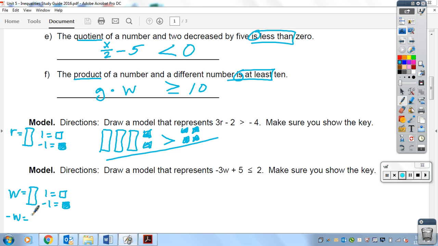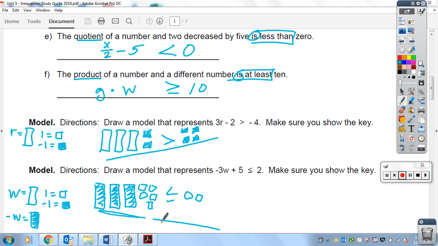Negative W will be a filled in one, because now it's a negative W. Negative 3 W's. 1, 2, 3, but they're filled in now because they're negative. Plus 5. 1, 2, 3, 4, 5 is less than or equal to 2. So it gets sort of slanted down like that because this side's heavier, bigger on that side. You don't have to, but just in case, you could just put the inequality symbol.